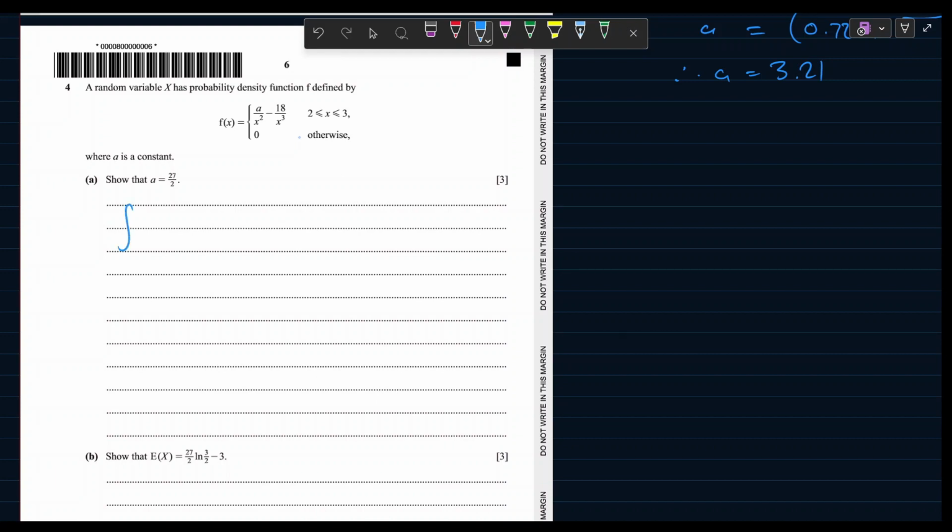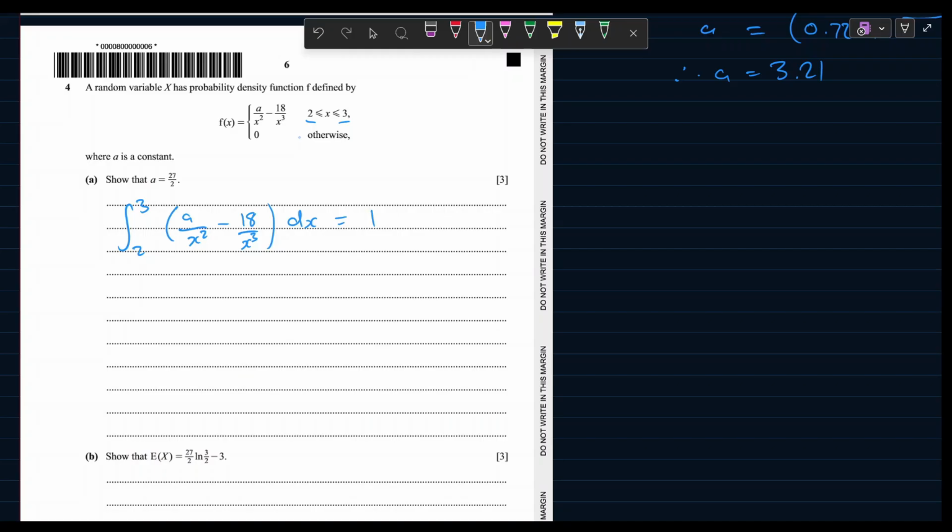So if we integrate from our lower limit to the upper limit, so from 2 to 3, and we integrate A over x squared minus 18 over x cubed with respect to x, the area we get should equal to 1. So let's do that.